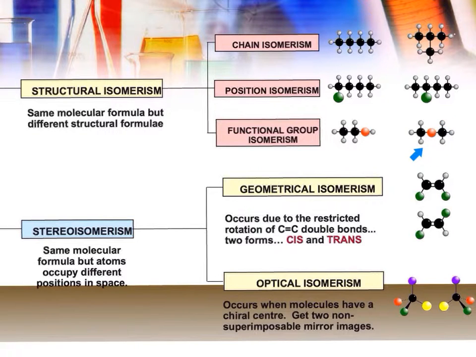We have 6 hydrogens, just as we had here. We have 2 carbons, just as we have here, but you'll notice that the 2 carbons are separated by an oxygen, and that makes this chemical compound an ether. So while we have the same molecular formula, because of those structural differences, we have completely different chemical compounds with completely different chemical properties.